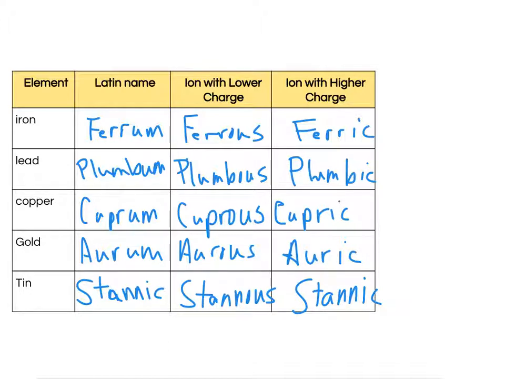So notice the endings here. Here I have stannic versus stannous, for example. And so let me teach you how to use those.